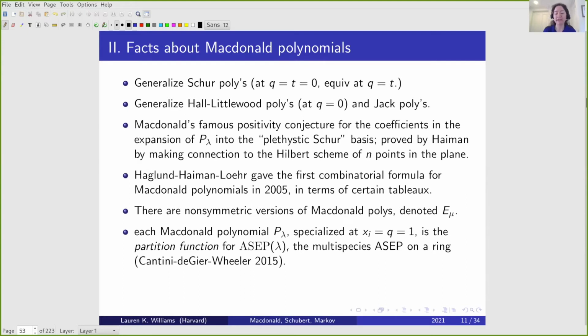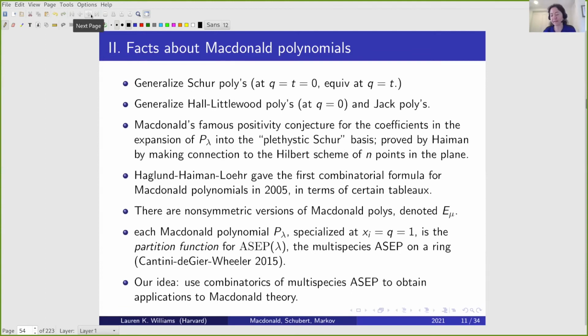If you take these ratios of polynomials in t and you find a common denominator for all of your steady state probabilities, that common denominator is what we sometimes call the partition function, and that common denominator is the specialization of the Macdonald polynomial P of lambda when all the x_i's and q are equal to 1. Okay, so that's how these two things are connected. We have this Markov chain, and then we have the Macdonald polynomials, and this certain specialization of the Macdonald polynomial, where you set almost everything to 1, gives back the partition function for this Markov chain.